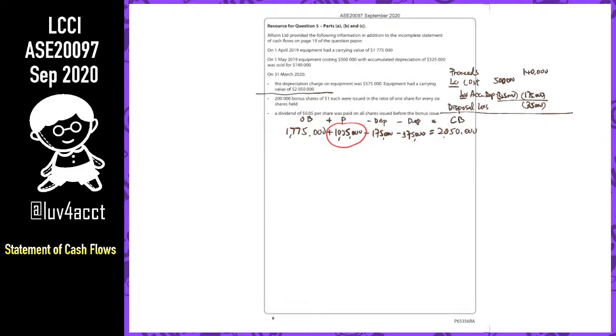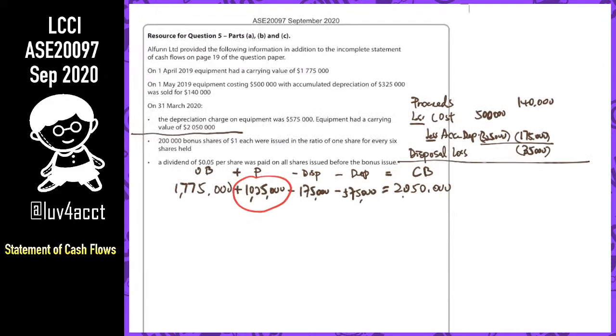Okay, but before we go on to dividend paid, I would like to point out all the items that we need to put into the statement of cash flows regarding non-current asset. We have 4 items for non-current asset. Okay, first one, not always, but most of the time we have in investing activities the payments for the acquisition of new non-current asset, negative.